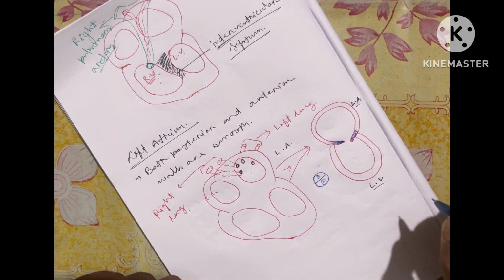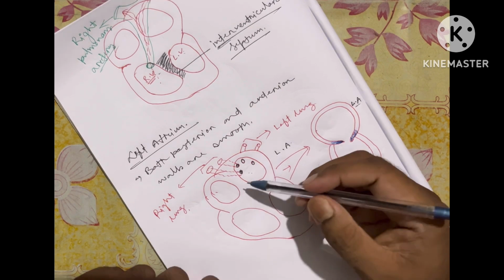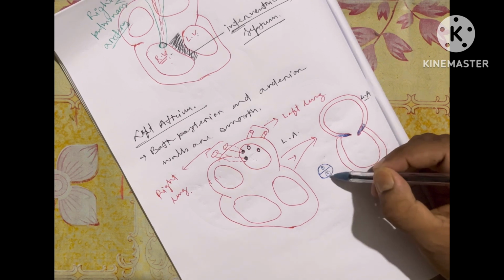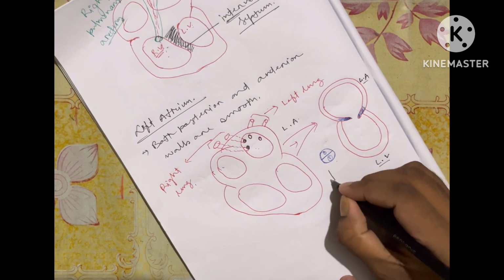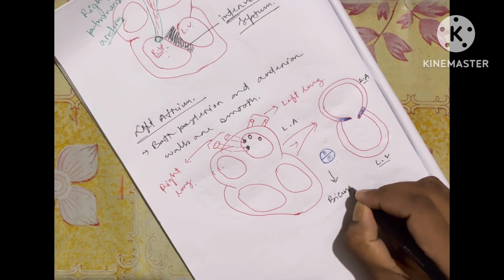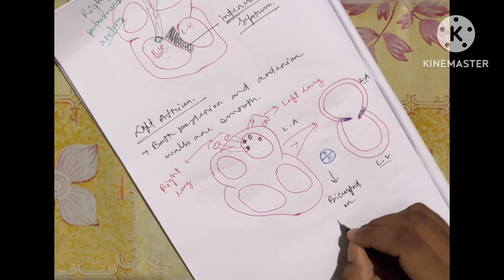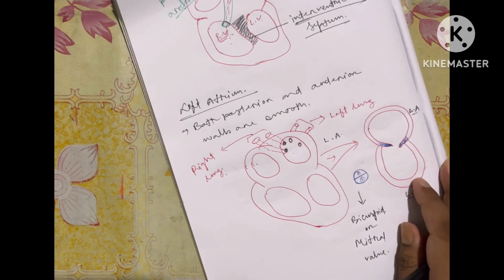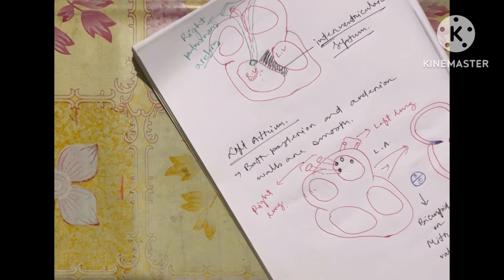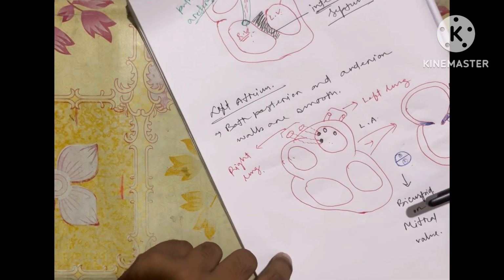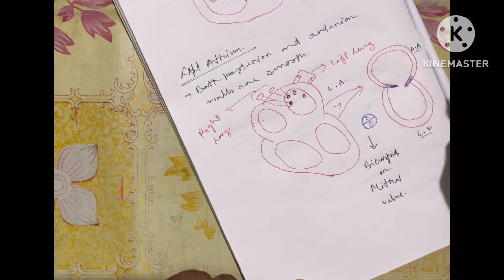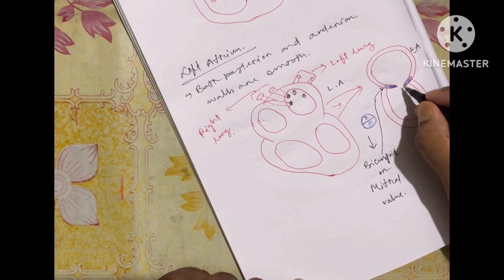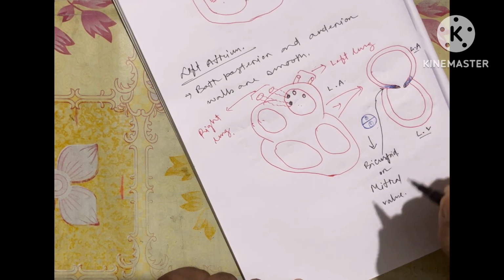This is one, this is two. Previously, between the right atrium and ventricle, we had the tricuspid valve. Now we have two cusps, which is why it is called the bicuspid or mitral valve.